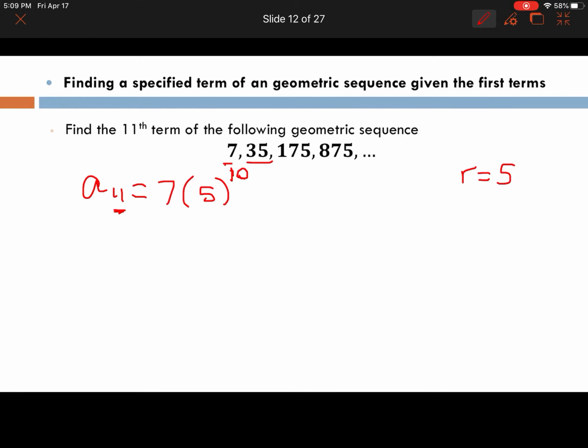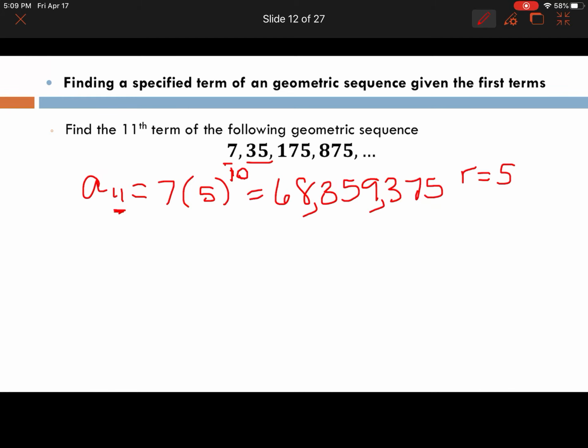So not nearly so big since it's only to the 10th. 359,375. There we go.